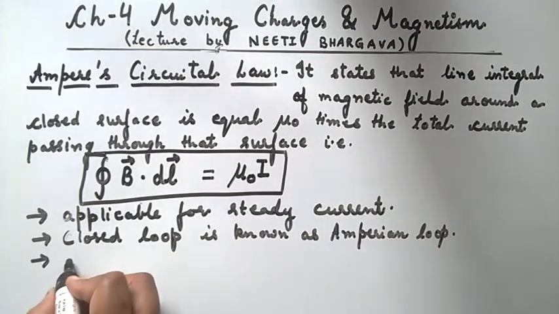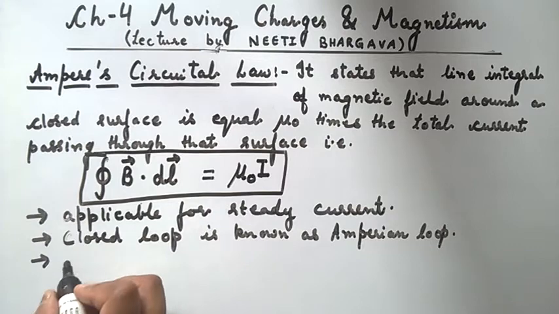Ampere's circuital law is easier and it is the alternative form of Biot-Savart's law.